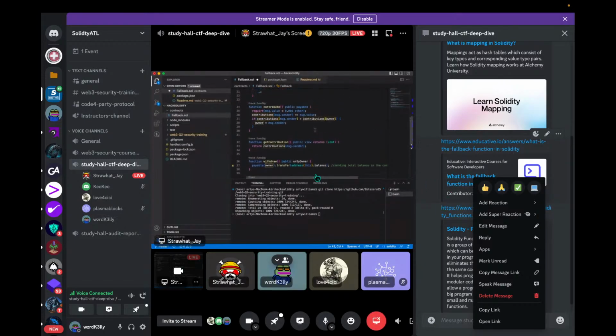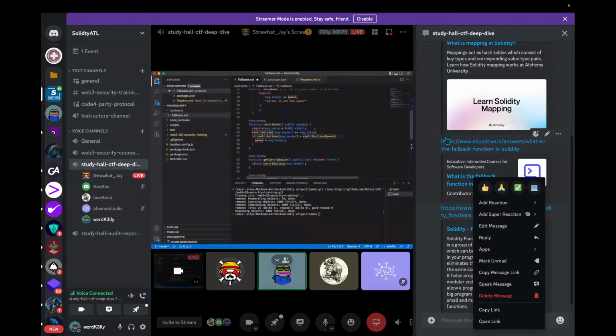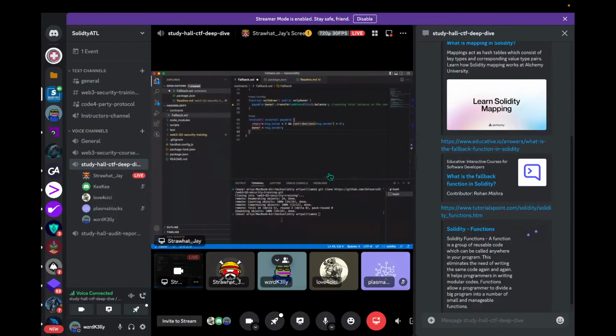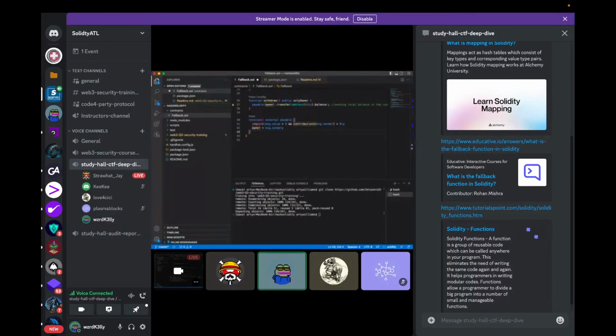That's perfect. So I dropped a link in there. It said, what is the fallback function in Solidity? Same thing I told Aldrin. You caught the tail end of what I was doing with him; I was doing the same exercise. So look at what the fallback function in Solidity is to understand a little bit of what that function is and how you invoke it, and then that will help us get to how it works.